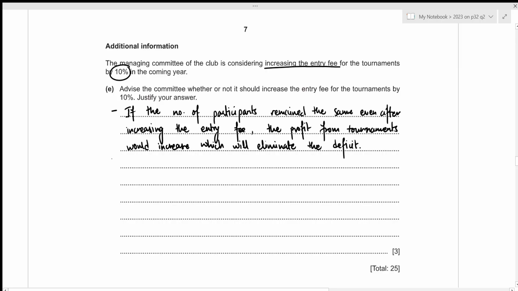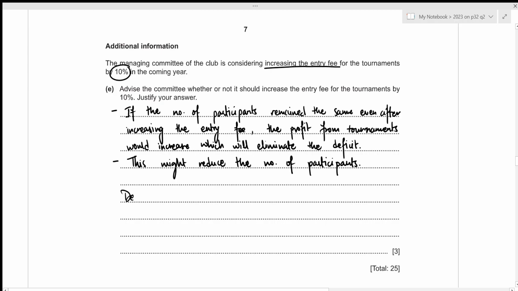Okay. And the next thing that we can see is that after increasing the entry fee, this might reduce the number of participants in the tournaments. The demand might decrease for the tournament. Let's write it down. This might reduce the number of participants.